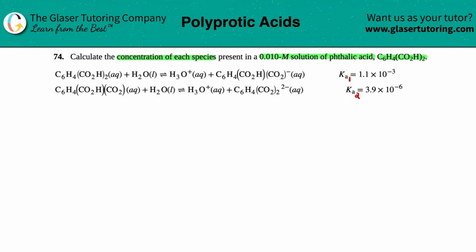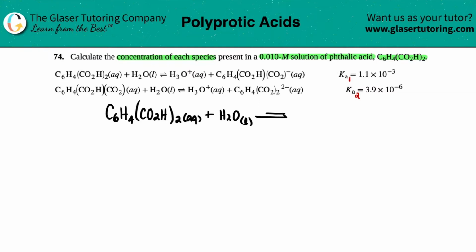So we have to work from top to bottom. We always work with K1 first, and then we work with the K2 equation. So one at a time. So what I'm going to do is replicate this. So we have C6H4(CO2H)2, aqueous, plus water, a liquid.